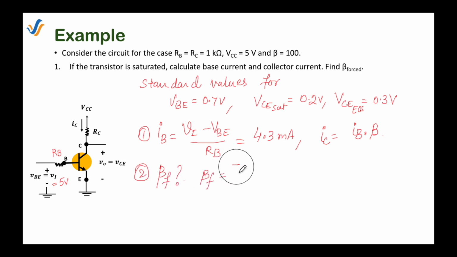In the next, we need to find the beta forced. It is the ratio of IC saturation upon the base current, and IC saturation is what? It is the collector current in the saturation region. So it is given by VCC minus VCE saturation upon RC. You know the values, so put the values here.